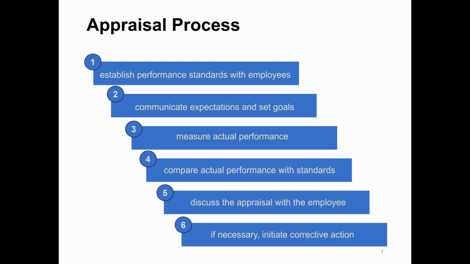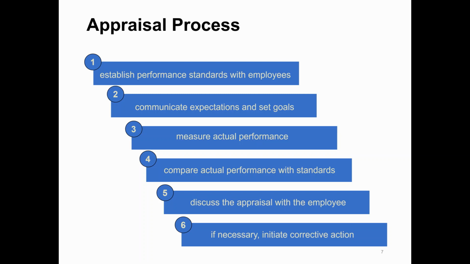Employees need to know what kind of expectations the organization has of them. Number two, these expectations should be communicated to the employees, in terms of how those expectations should be met, what the goals and objectives are. Once those goals and objectives are met, how will they be linked to their performance.